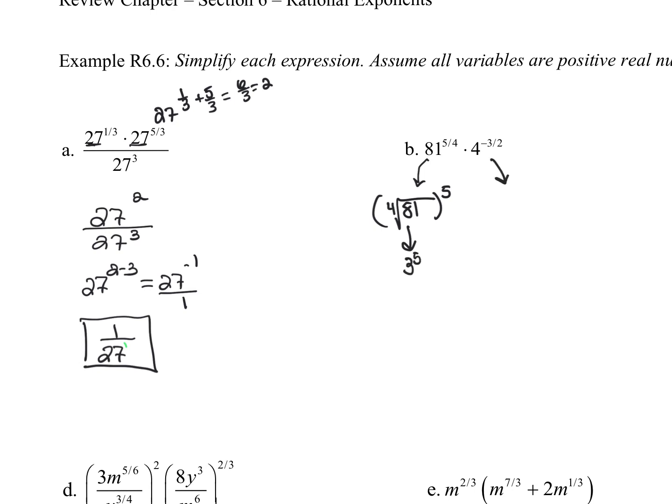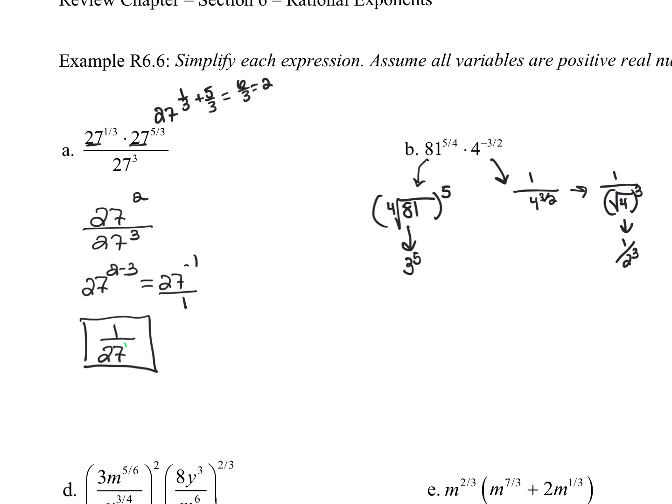This piece over here, the power is negative, so it's going to become 1 over 4 to the 3 halves, which is the same thing as 1 over, I want to do the square root of 4, and then I want to raise it to the 3rd power. The square root of 4 is 2, so this is 1 over 2 to the 3rd power.